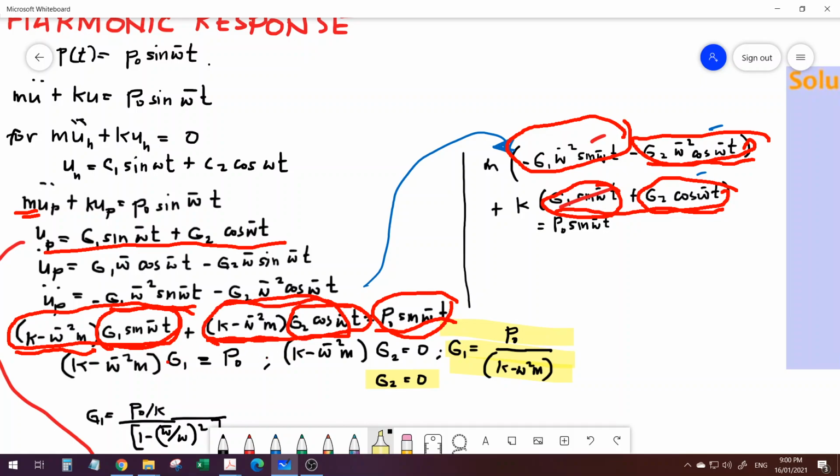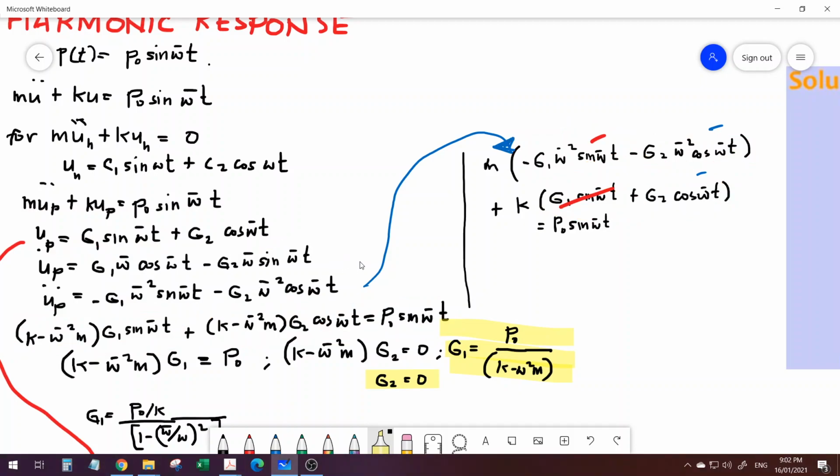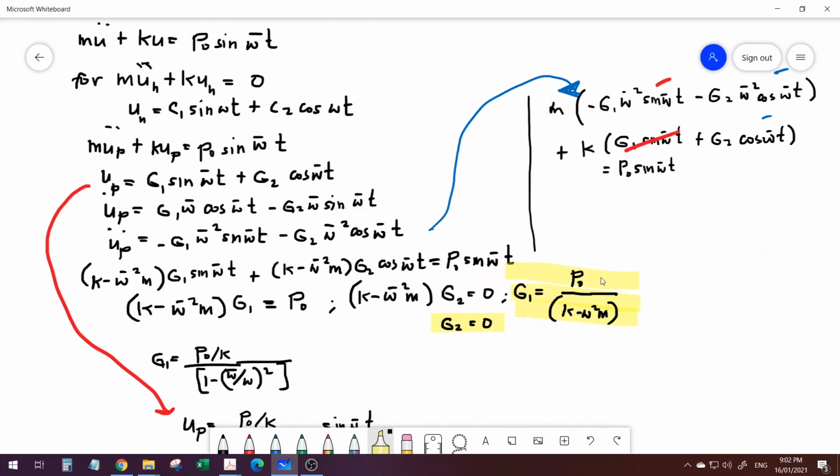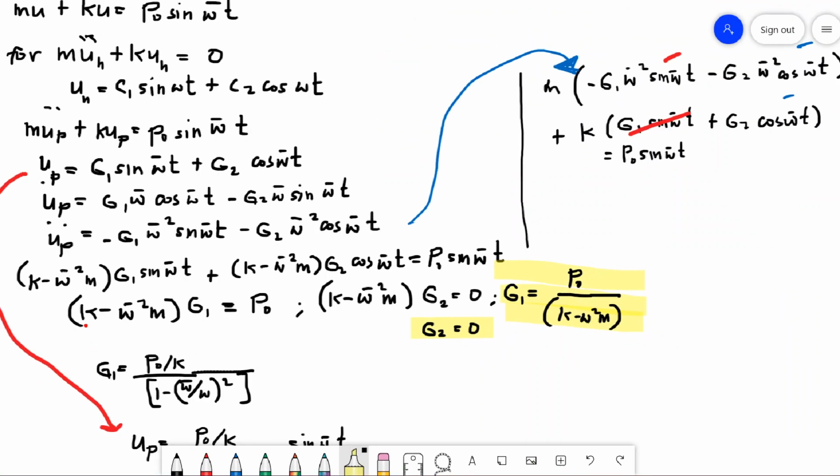Okay? So, therefore, K minus omega bar square M is equal to P naught sine omega bar t. Now, since you have a common term sine omega bar t, that will cancel out. What's left is K minus omega bar square M, G1, is equal to P naught.